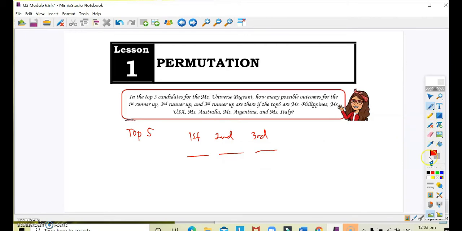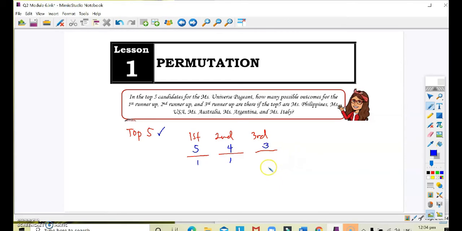So, applying the concept of what we learned last time, for the first runner-up, we have 5 choices. Since one will already be placed as first runner-up, then on the second runner-up, we only have 4 choices left. Now, having the second runner-up in place, we have 3 choices left for the third runner-up.